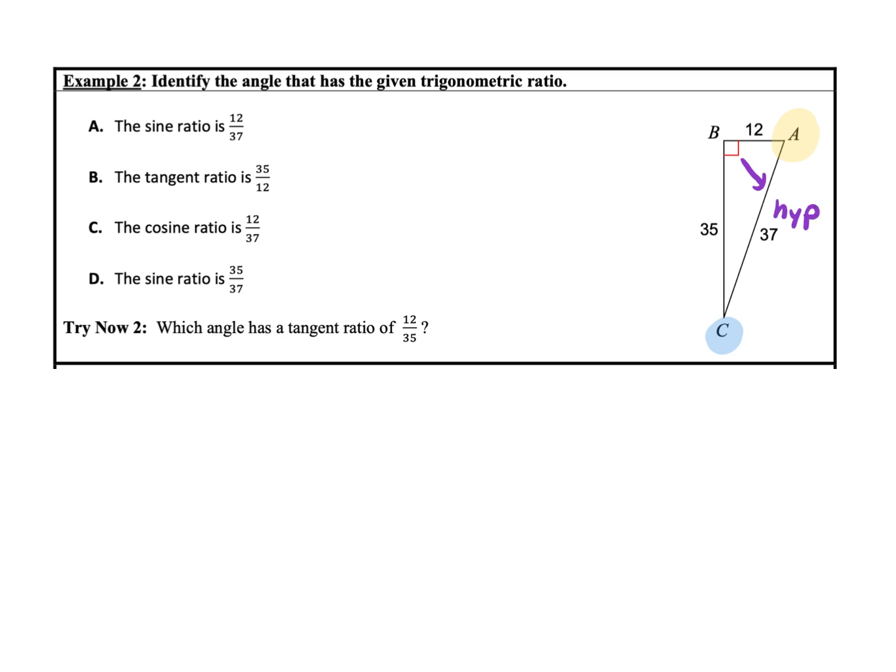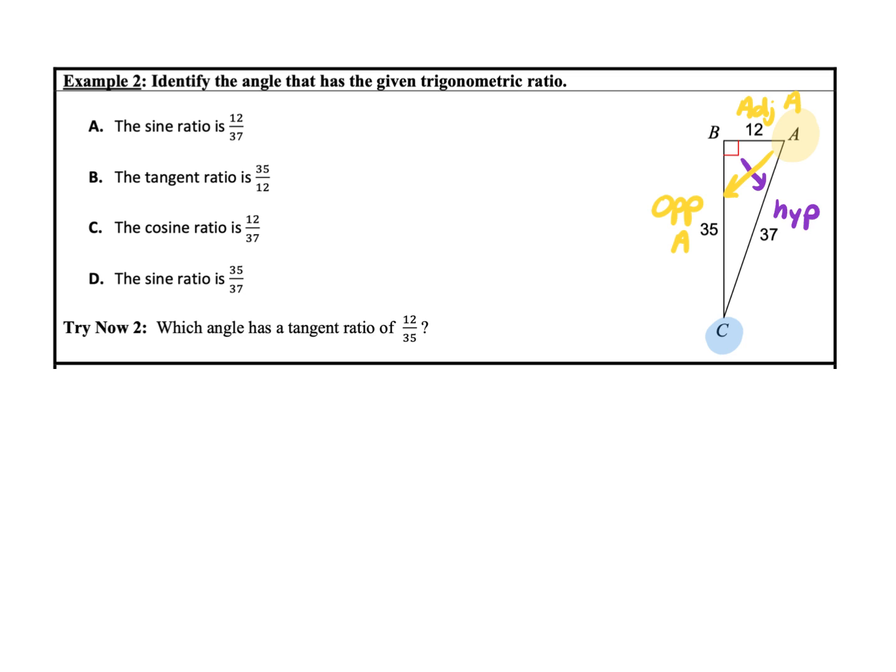And then if I'm looking at angle A, which I guess we'll start with here for this first one, the opposite angle A, if we go across the triangle, is 35, and the adjacent to angle A is 12. But if I switch to angle C, it changes.